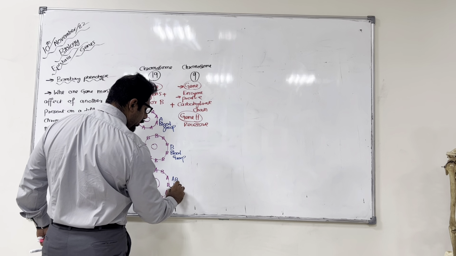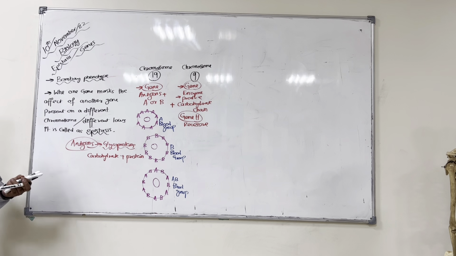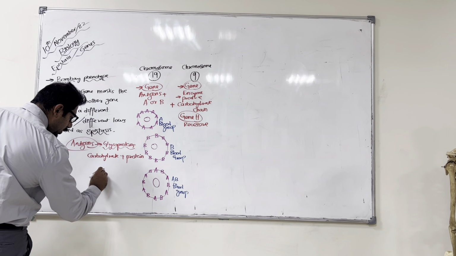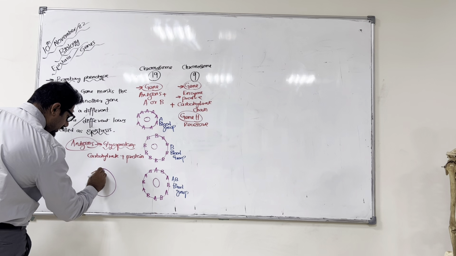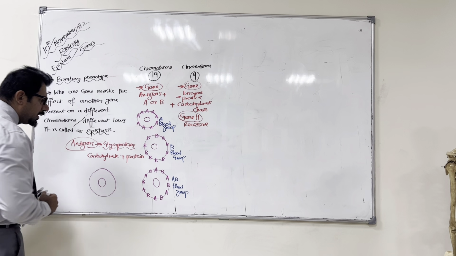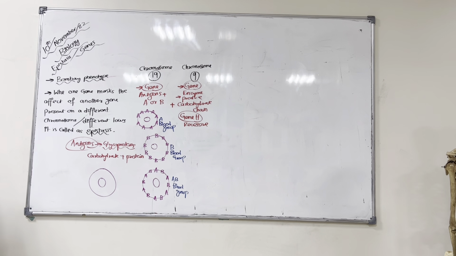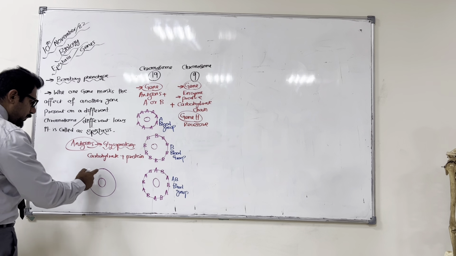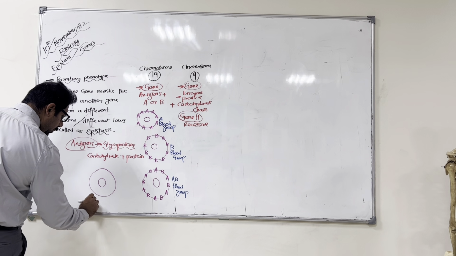If there is no antigen present on the surface of the red blood cells, then this person will have O blood group.